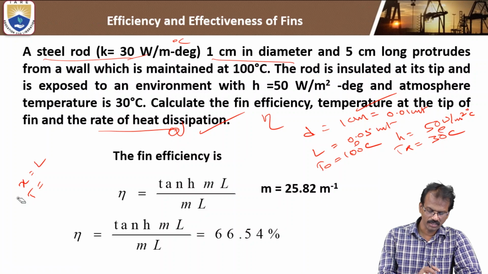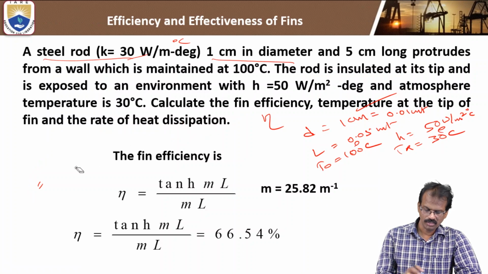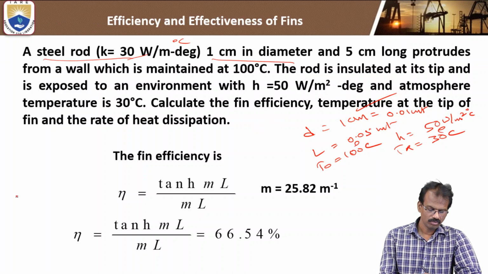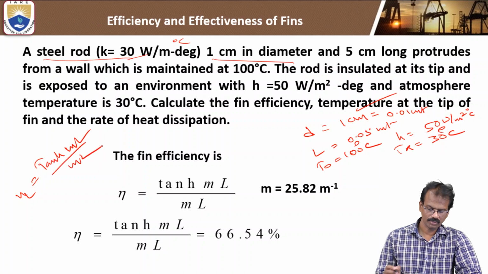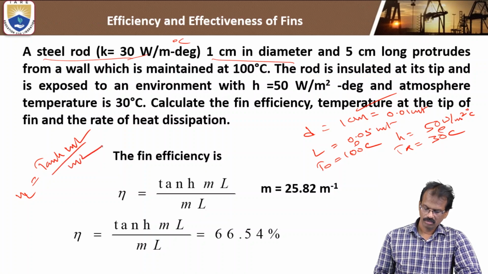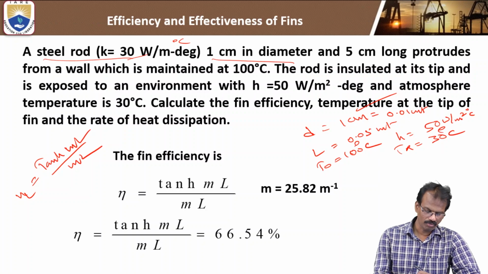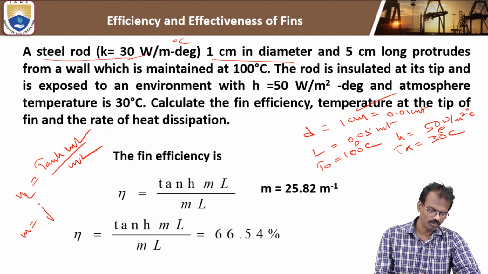First of all, we will find the fin efficiency. You know the formula for the fin efficiency for the insulated end. In my previous slides, you already saw that one: tanh ml by ml. Here, first of all, you have to find out the m value. So what is m? M formula is equal to under root of hP by kA.